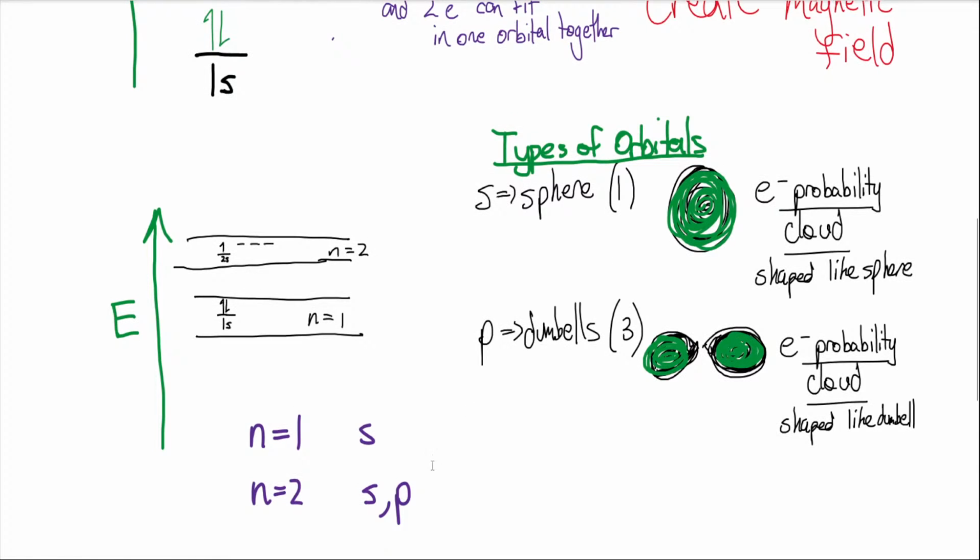These are called subshells, and then these are orbitals. So this is the shell, and we can say the shell number is the principal number.